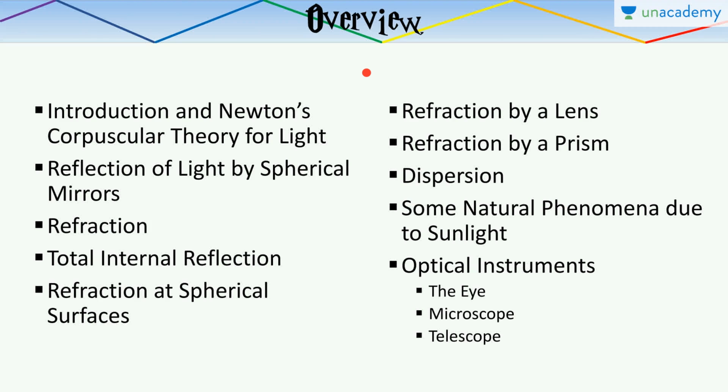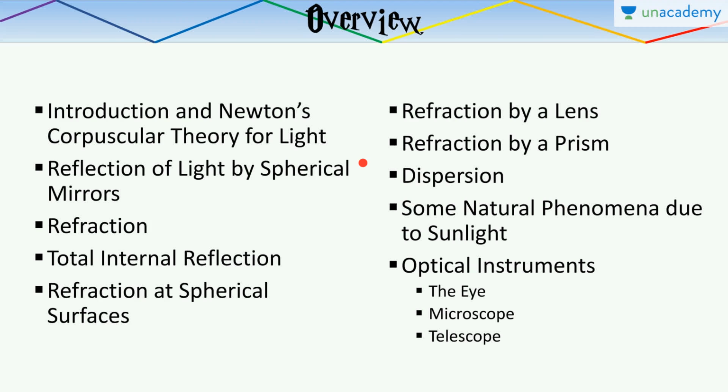Refraction by a lens. Then we go for refraction by a prism, which is very important for people who are going into physics and chemistry in the future. Thereafter, we go for the concept of dispersion of light when it travels from one medium to the other, or when it scatters as a result of objects in its path.